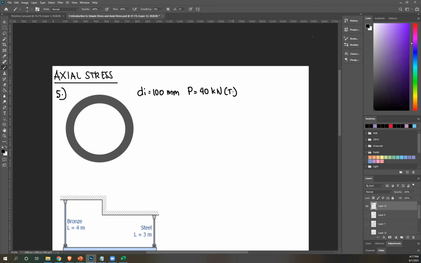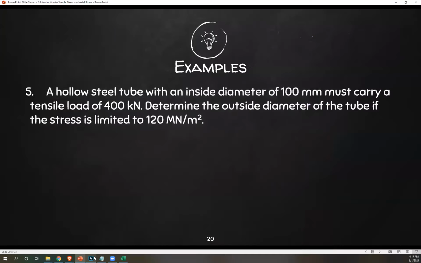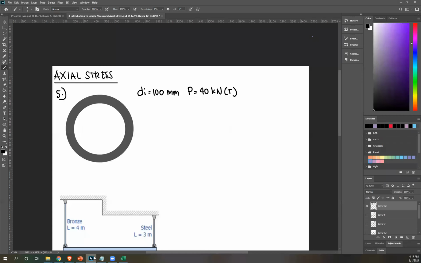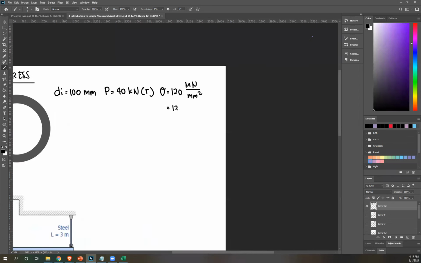And then we have limit stress 120 meganewton per meter squared. And that actually is also equal to MPa. So this is also 120 MPa. Okay? So Newton per millimeter squared and meganewton per meter squared rather. Meter squared is also MPa.